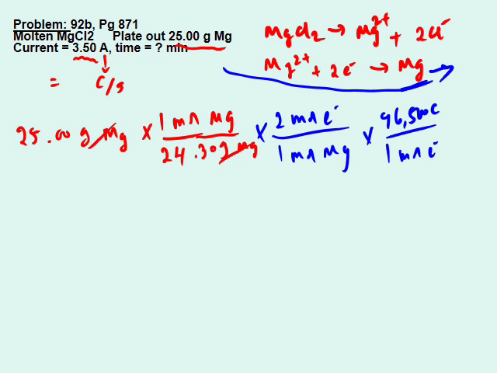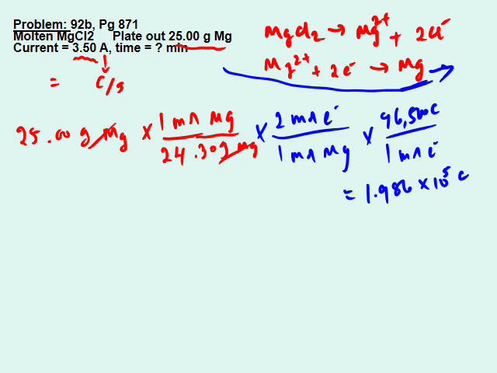If you do the math, you get 1.986 times 10 to the power 5 coulomb that is needed to plate out 25 gram of magnesium.